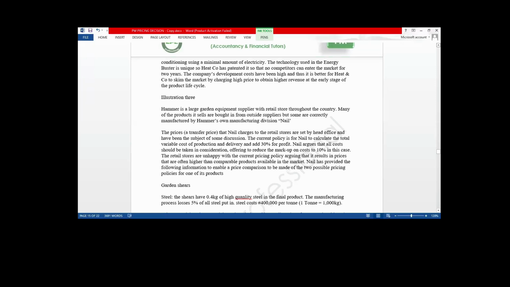The prices that NAIL charges to the retail stores are set by head office and have been the subject of discussion. The current policy is for NAIL to calculate the total variable cost of production and delivery and add 30% for profits.